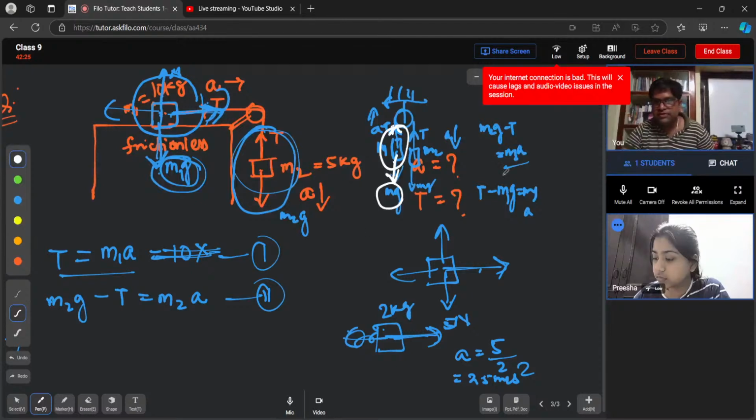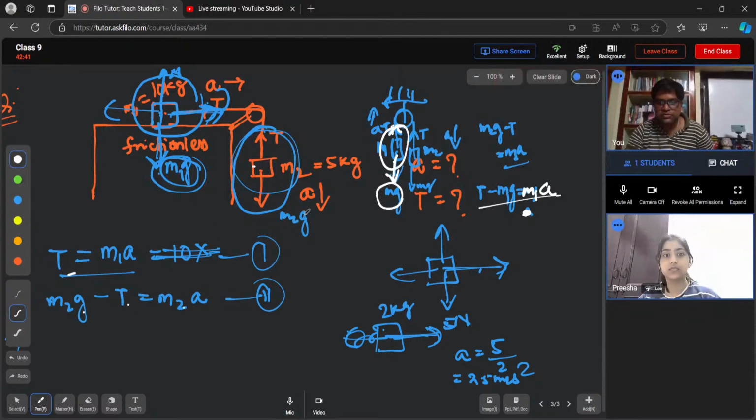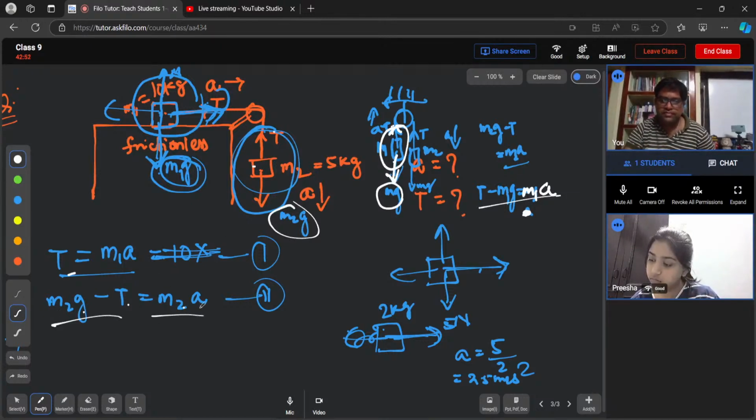T minus mg equal to M1a in that case. But here no force to the left, so T equal to M1a, and M2g minus T is equal to M2a, because the object is moving down, so M2g is greater than T. Net force equal to ma, force equal to mass into acceleration.